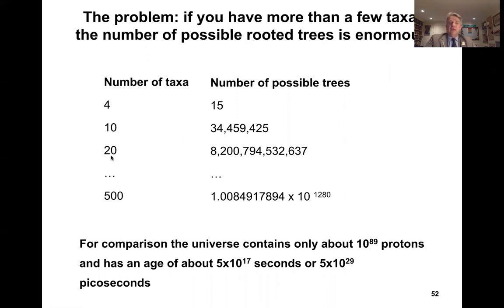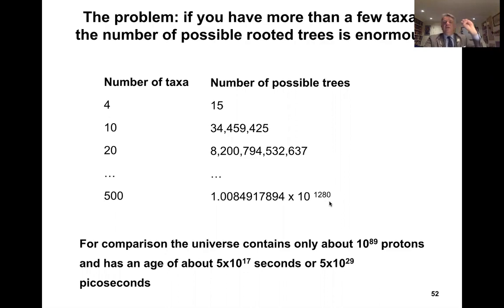Even if we double that, we go to 20, this is the number of unique phylogenies we would have to evaluate. Now, if we're looking at 500 species, that is 10% of the species diversity of living mammals, we have a number that makes Avogadro's number look tiny. This number is huge, and we're talking about 500 species.